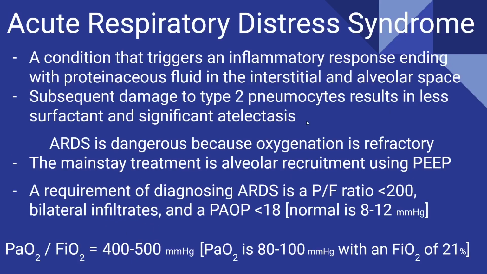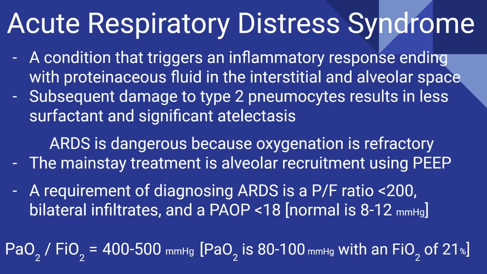So the last topic we're going to talk about in respiratory before we do some questions is acute respiratory distress syndrome, or ARDS. And this is a condition that is triggered by an inflammatory response, which ends up causing a lot of fluid in the interstitial space, so that space in between the alveolar and intravascular tissue.